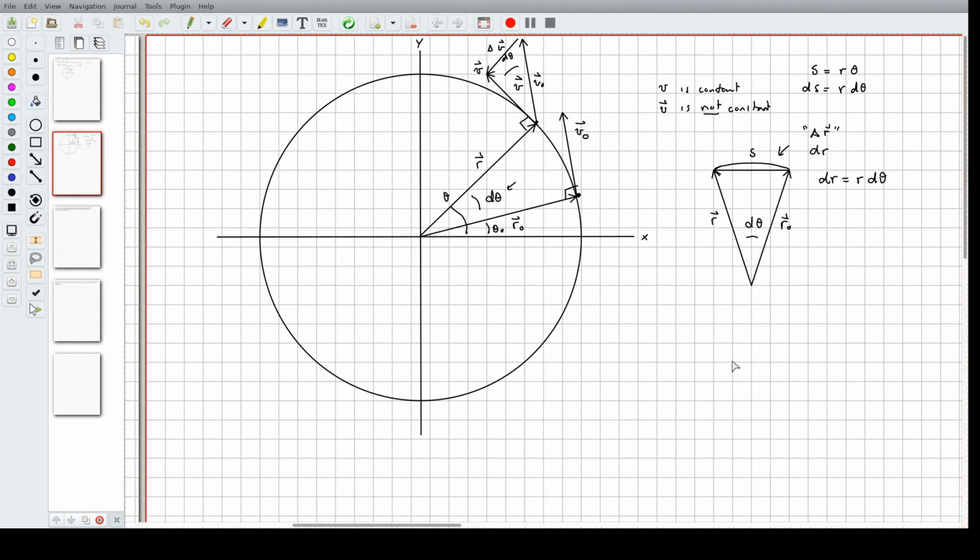So let's take this and sort of replicate it down here. I'm going to try to maintain sort of a similar alignment like that. Okay. So V naught points this way, V points this way. This is the same angle. And again, if you deal with small angles, then this right here would be the same thing as dV. Keeping in mind that V naught and V are the same in magnitude, as the direction is different.